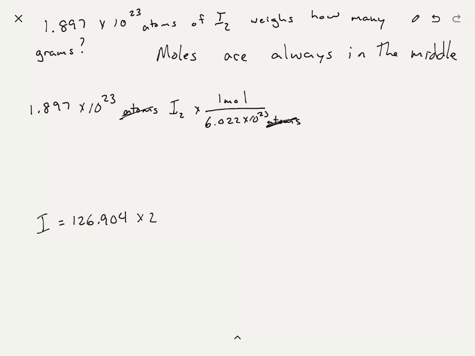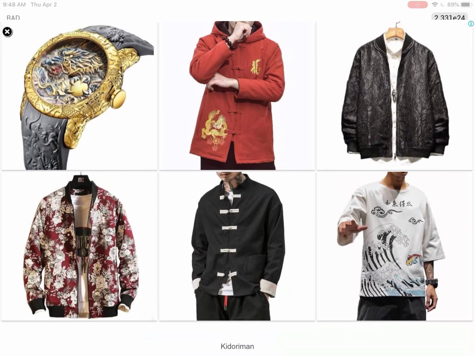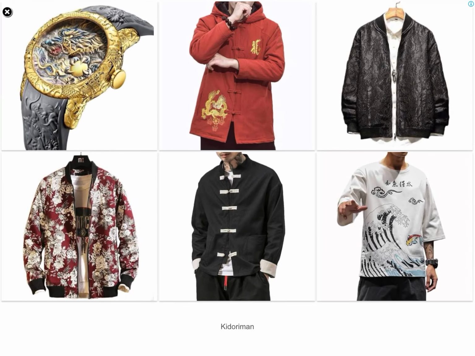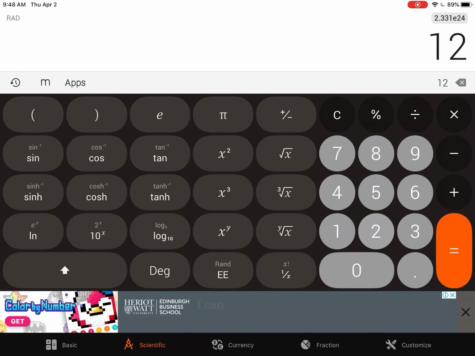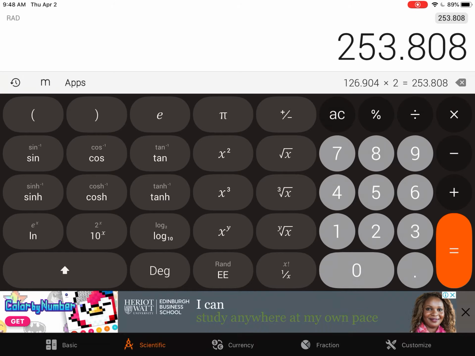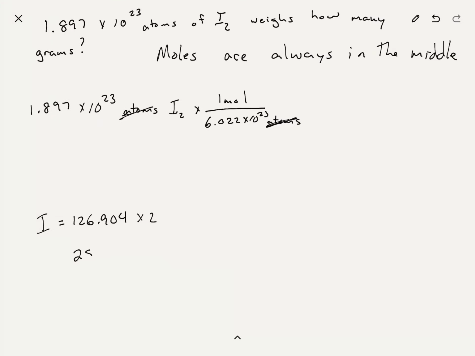We've got 2 of them, so we add them on my calculator: 253.808. That's grams for every 1 mole.